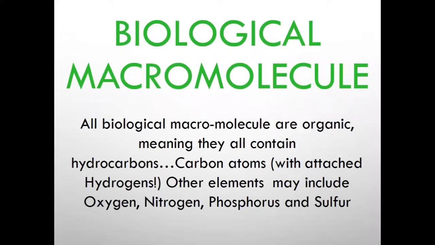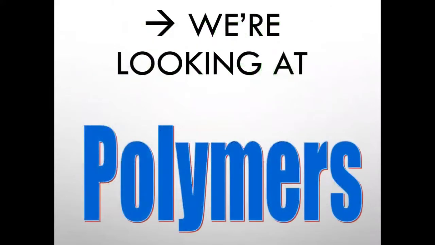A biological macromolecule are organic, meaning to say they all contain hydrocarbons or carbon atoms with attached hydrogens, and other elements may include oxygen, nitrogen, phosphorus, and sulfur. In other words, probably we're looking for polymers.